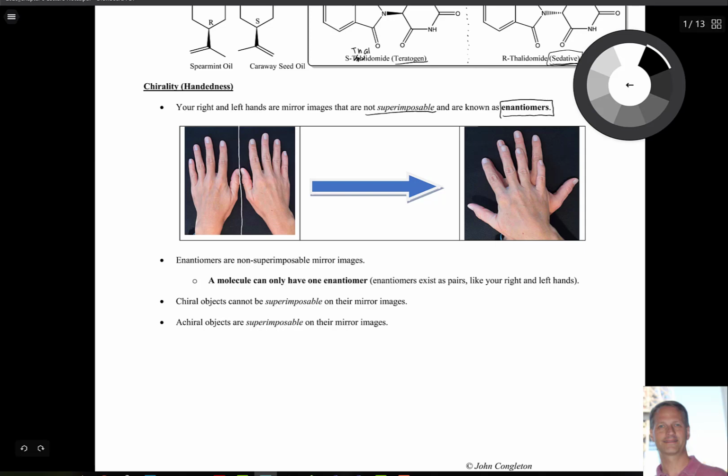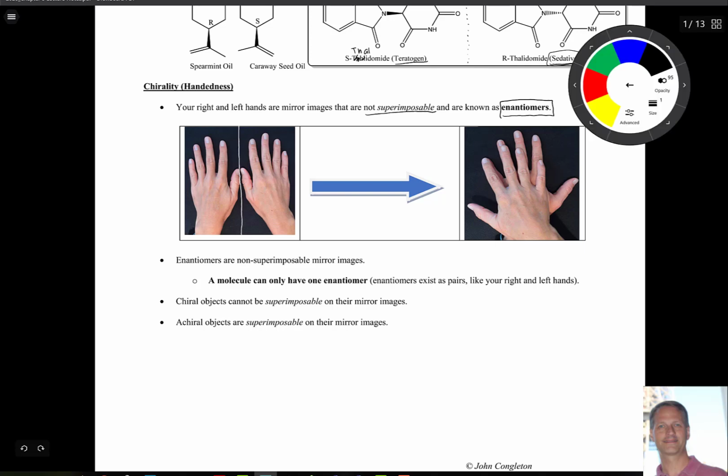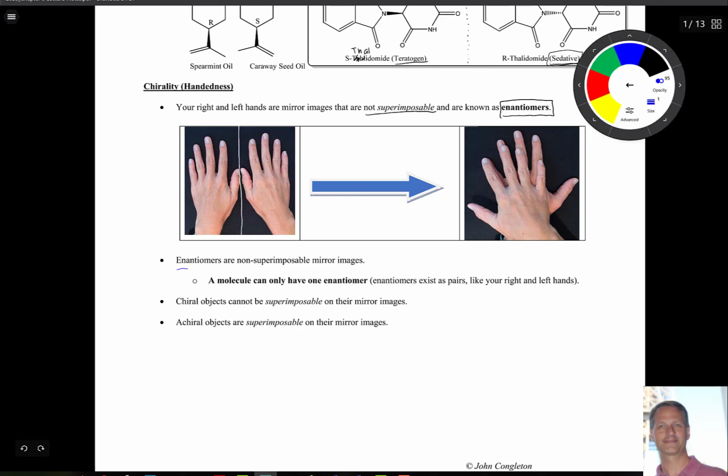There's going to be some terminology that we have to know in this chapter. Enantiomers are simply non-superimposable mirror images. That's important. As it turns out, a molecule can only have one mirror image, so it only has one enantiomer. You have a left hand, and the mirror image is your right hand, but there's no second right hand.